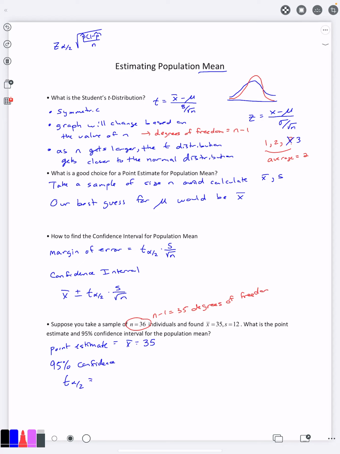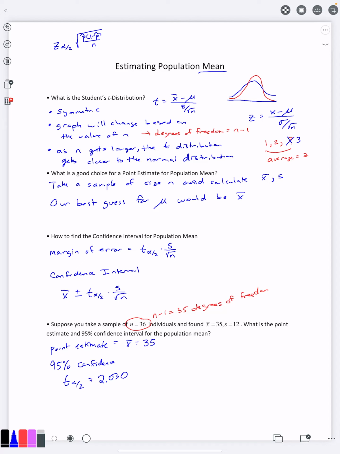So I go down to 35 degrees of freedom, and I'm going to look up the alpha over 2, so it's going to be 0.025 here. And what I am getting here is 2.030. So that is my t alpha over 2 value here.